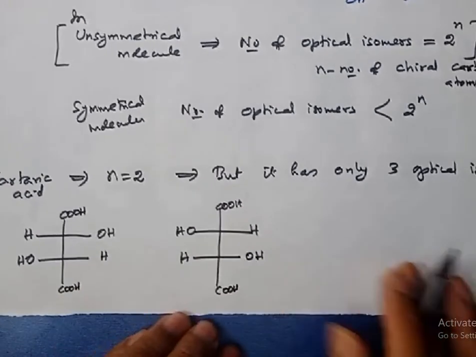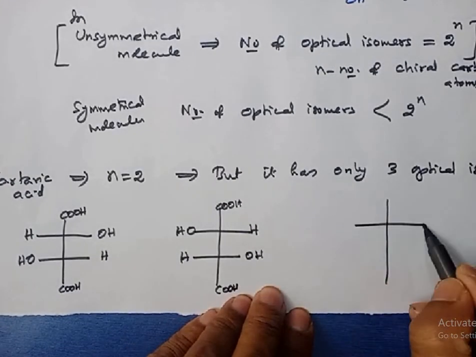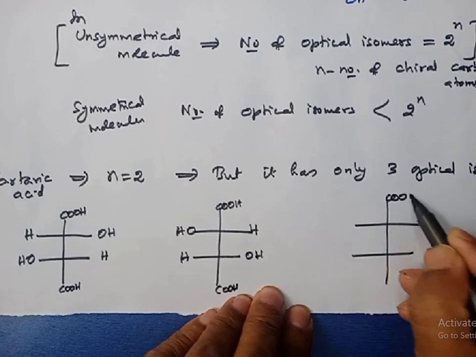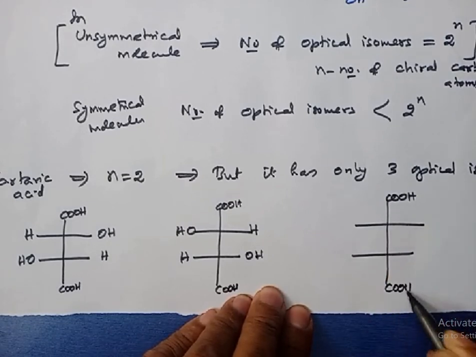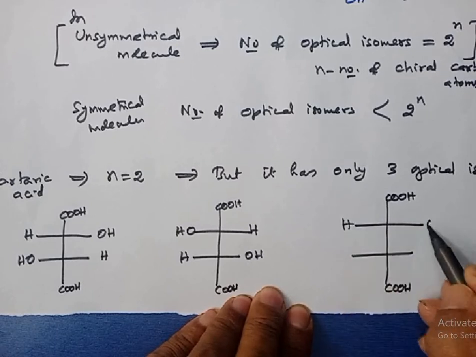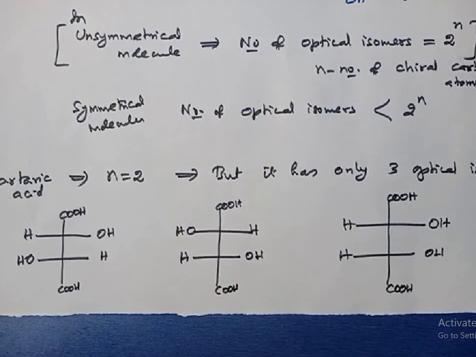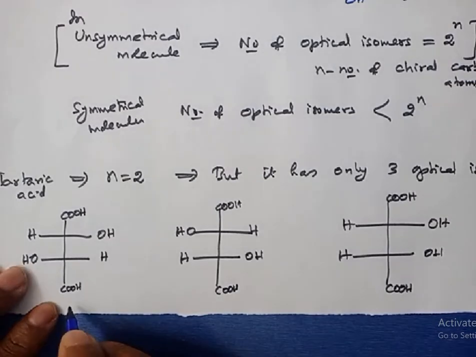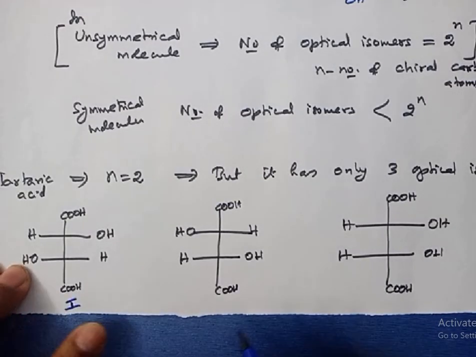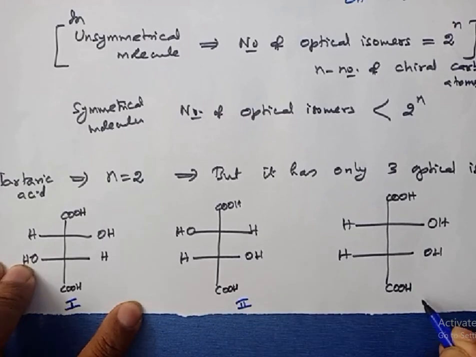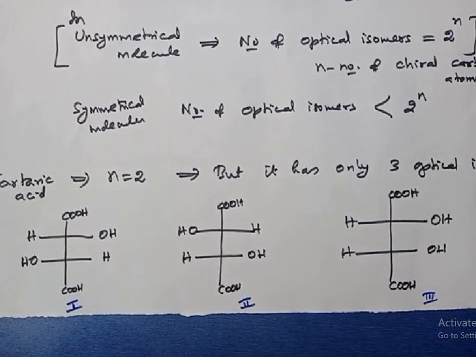Then another one: COOH, COOH, H, OH, H, OH. These are the three isomers that exist in the case of tartaric acid. Let me take this as molecule number 1, this is molecule number 2, this is 3. All are isomers.